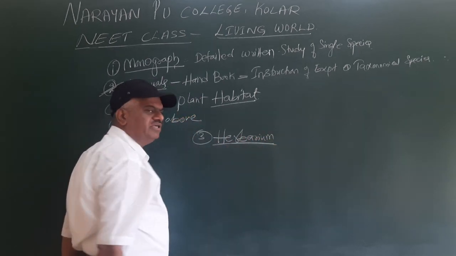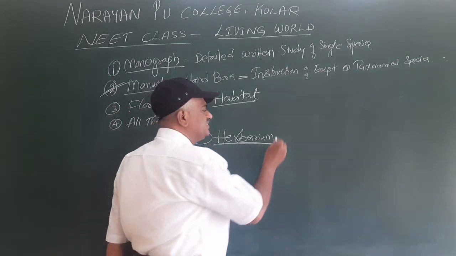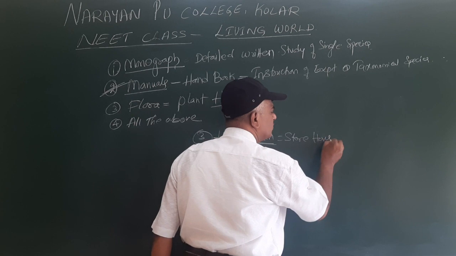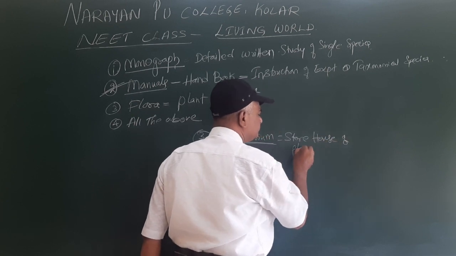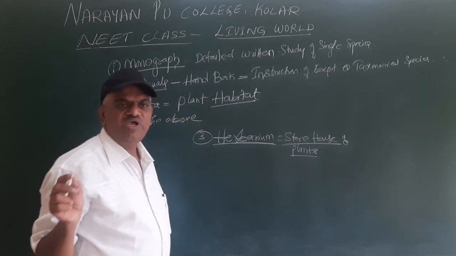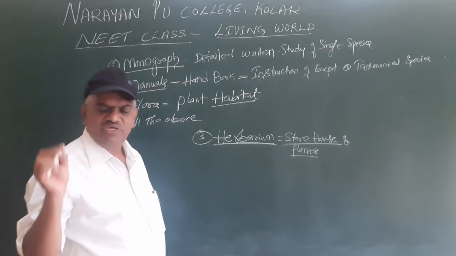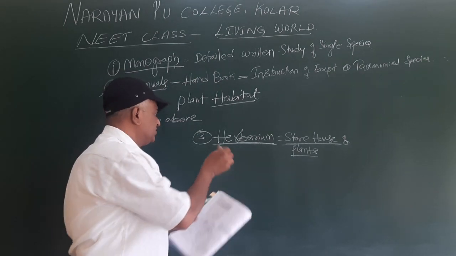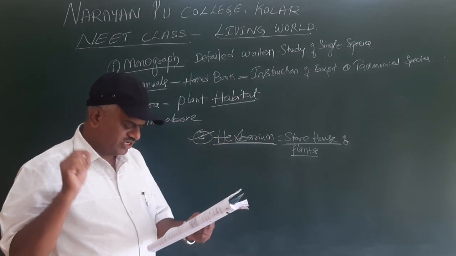Herbarium is nothing but a storehouse of plant specimens. This is usually where they take the paper, press the plant and fix it on a paper. So the right answer is herbarium.